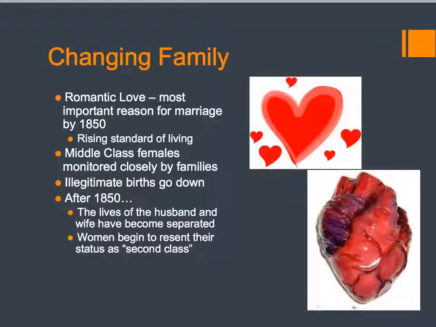The thing is, though, and this is something that makes the suffragette movement so shocking, and also something that we're going to talk about in 11.2 concerning bicycles, is that middle-class females were monitored extremely closely by parents. Their sexual status was something that, your reputation was everything.